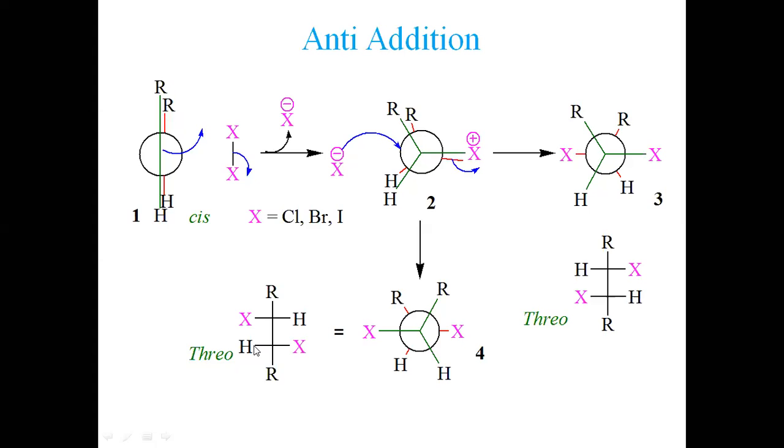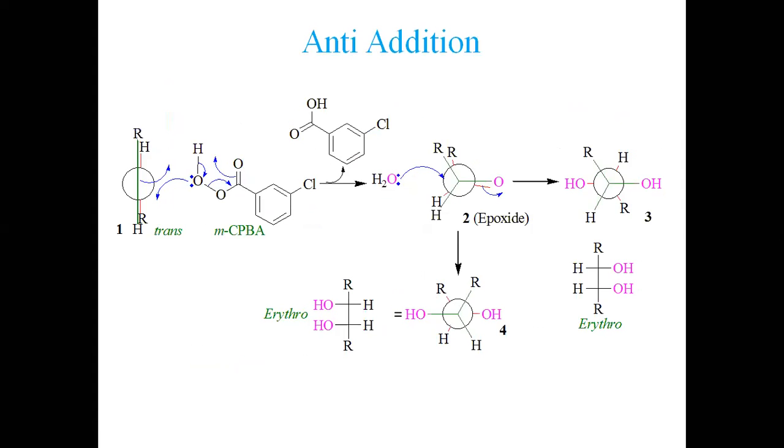So this is the key of the results that we are interested in presenting: syn addition and anti-addition are totally different from each other. Syn addition involves a concerted mechanism, anti-addition involves a stepwise mechanism. And not only this, it also depends upon the configuration of the olefin.